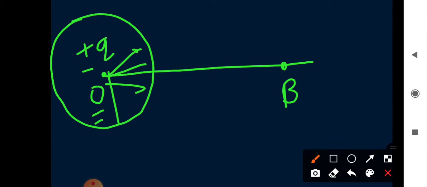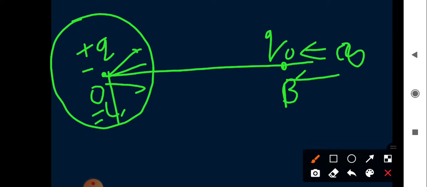There is an electric field around it. If we move the positive test charge, that means we consider a positive test charge, from infinity to a point B in the electric field, then it has to do work against the force of repulsion.